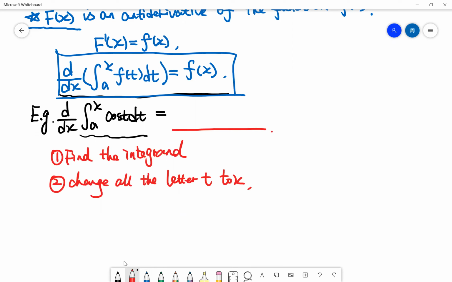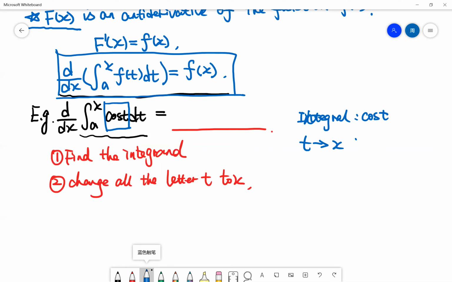So guys, first find the integrand. From this example, we know the integrand is cosine t. Then the second step, change t to x, so cosine x.